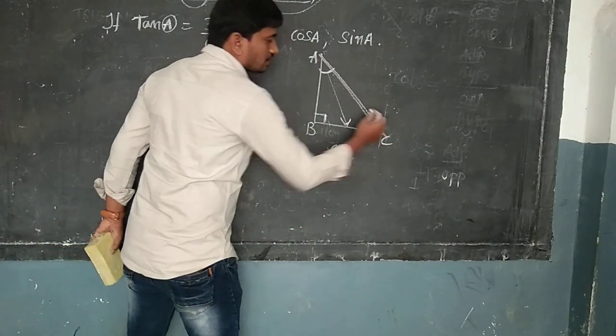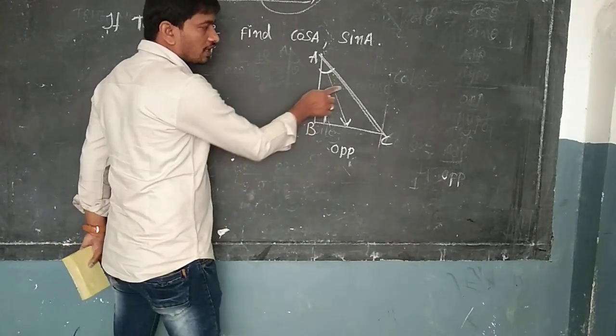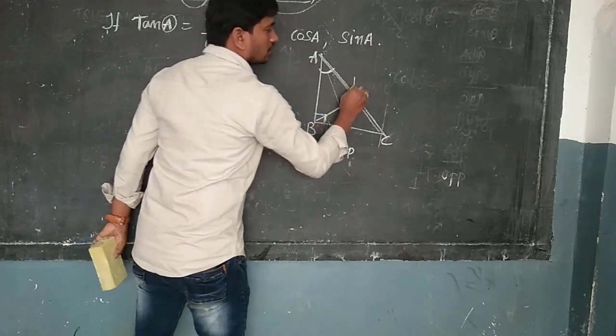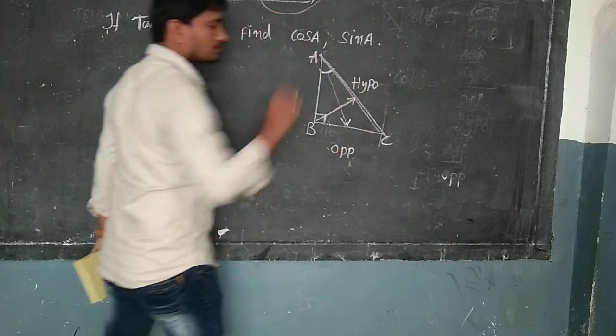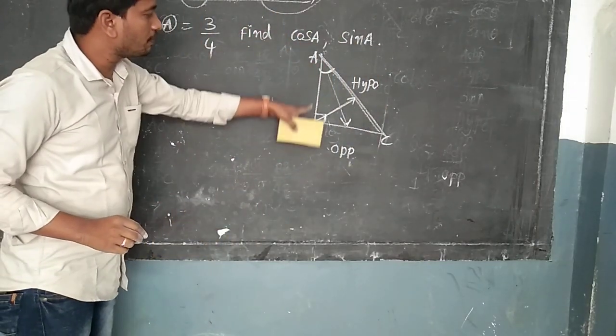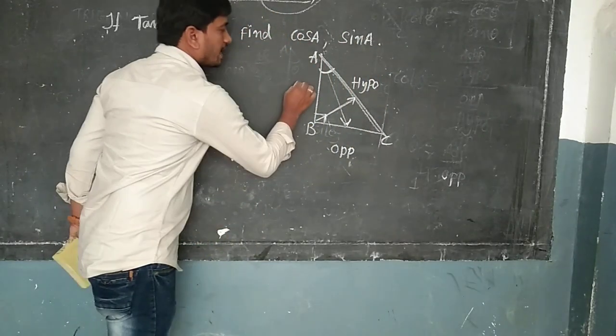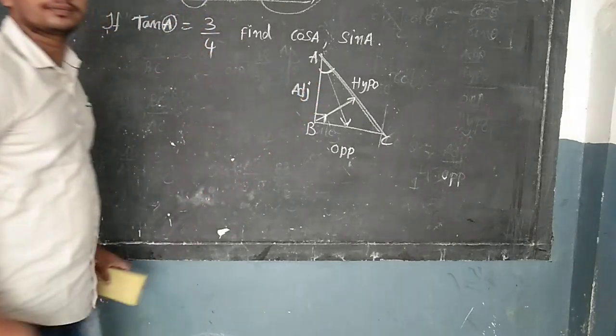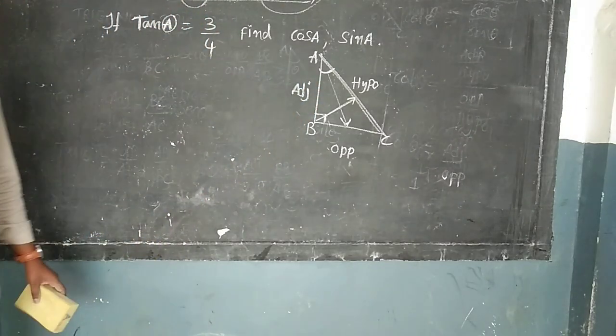And AC is the hypotenuse because it is opposite to the right angle. This is the hypotenuse. And what about AB? Obviously, it is the adjacent side.